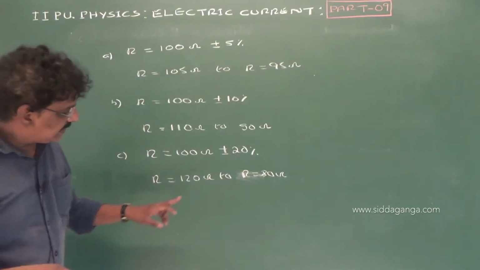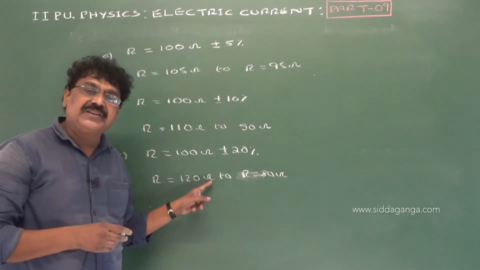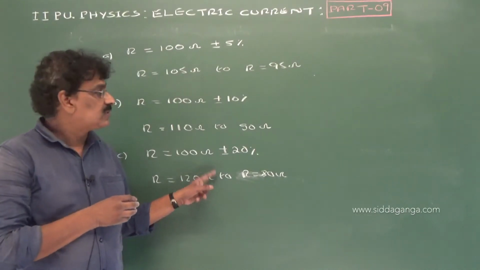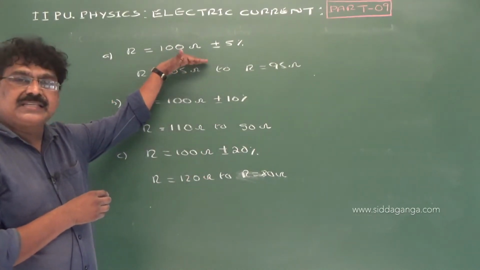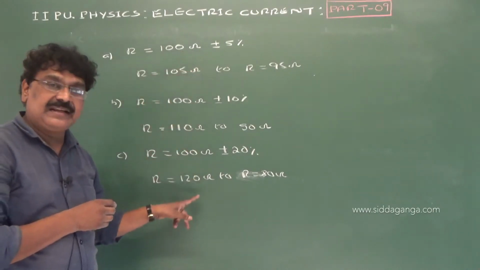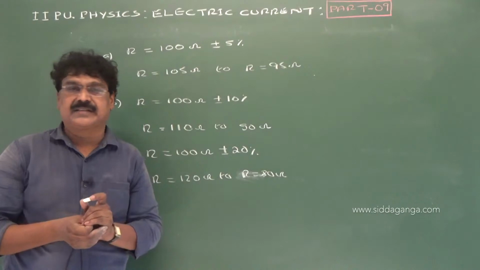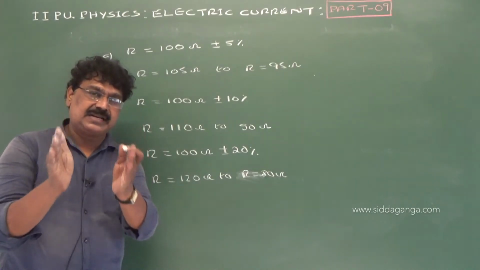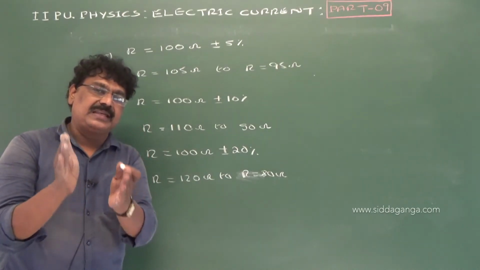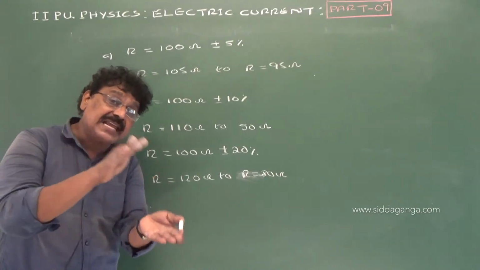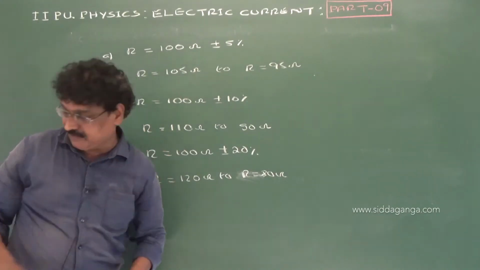Here the percentage deviation is more. So here this resistance is more accurate than this resistance value. That is the tolerance of resistance, right. It gives the percentage up to which the resistance value can deviate from the marked value.